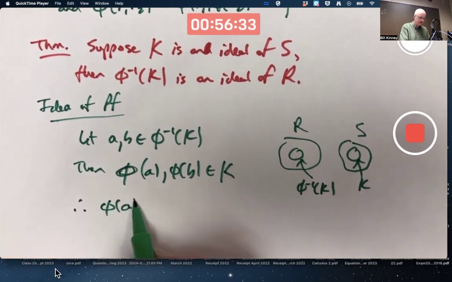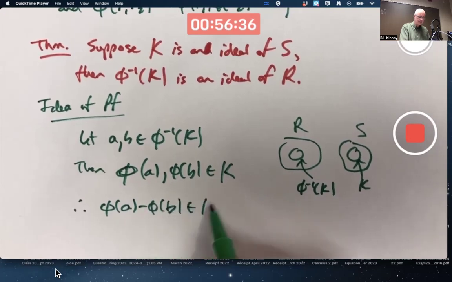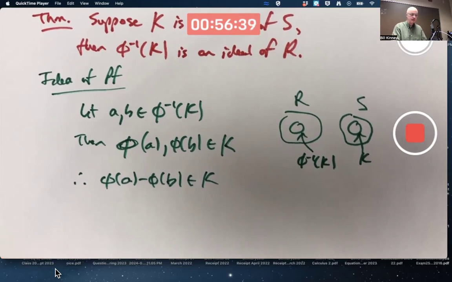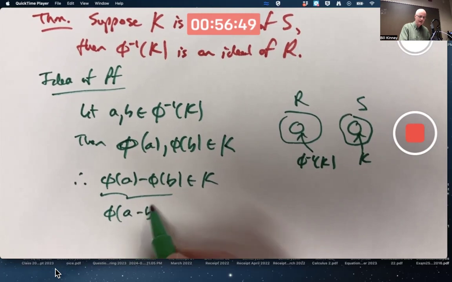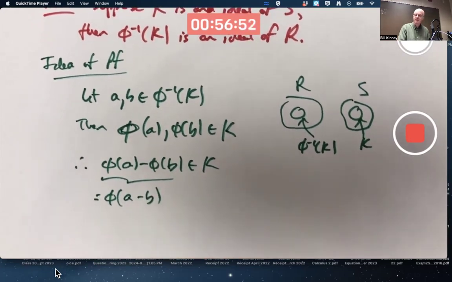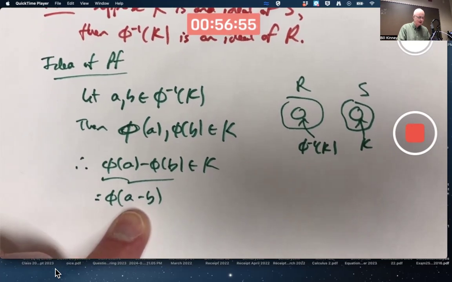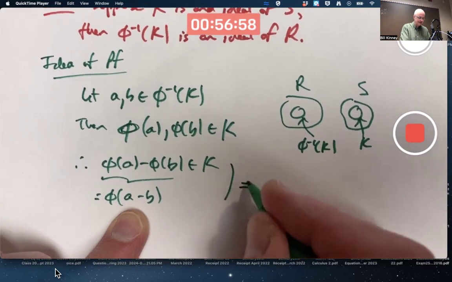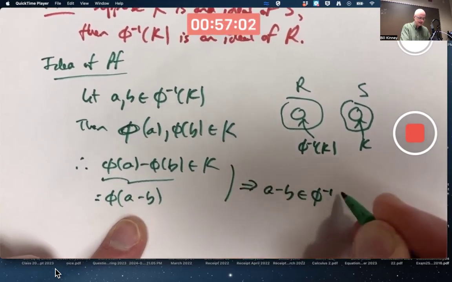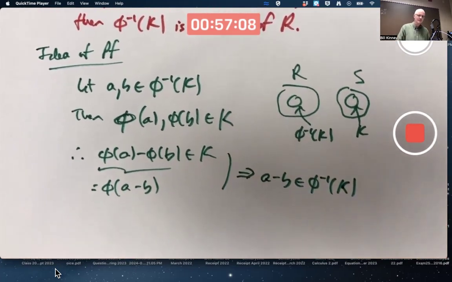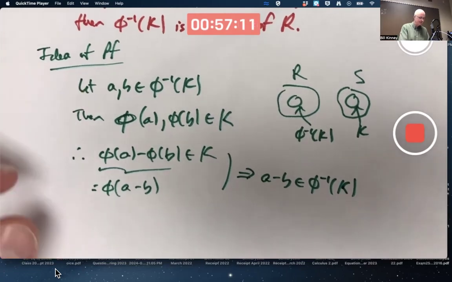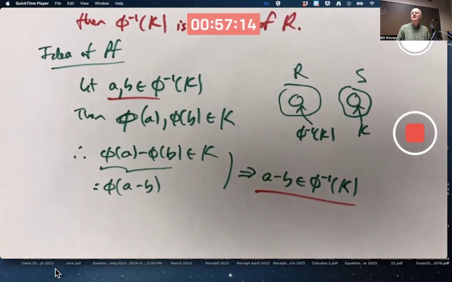You can say phi of A minus phi of B is in K. But because phi is operation preserving with respect to addition, which, remember, subtraction is the same as addition, it's just adding additive inverses, that means phi of A minus phi of B equals phi of A minus B. And this implies that A minus B is in the preimage, because when you plug it into phi, you get an element of K. That's enough to say that the preimage is closed under subtraction.